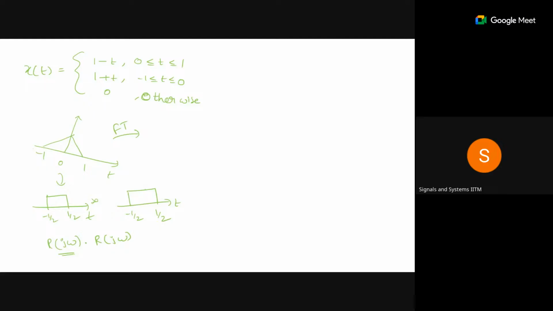What is the Fourier transform of a rectangular signal? It is sinc. This was discussed in week 9, I guess. The Fourier transform of a rectangular signal is sinc.